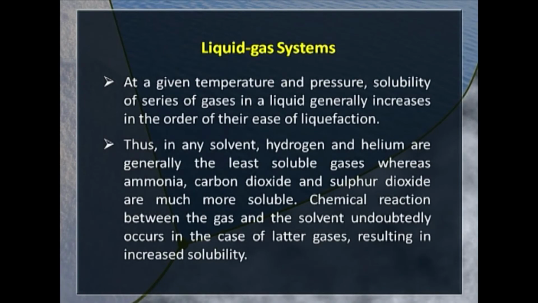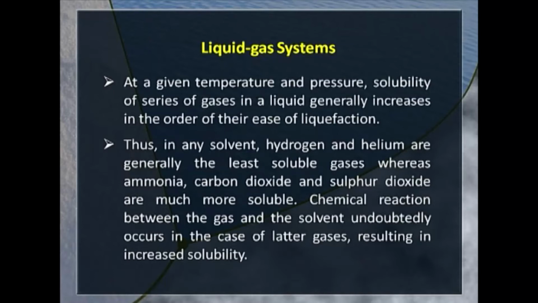So, hydrogen and helium, being the smallest of the molecules with very low intermolecular force of attraction, show the lowest solubility among the gases, whereas easily liquefiable gases like ammonia, carbon dioxide, and sulfur dioxide show very high solubility. In these cases, definitely there could be a chance of a chemical reaction taking place between the liquid and the gases.